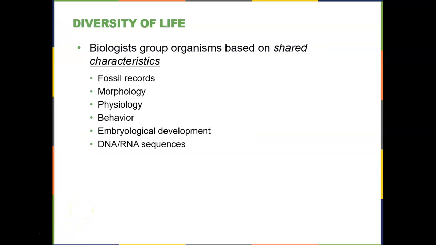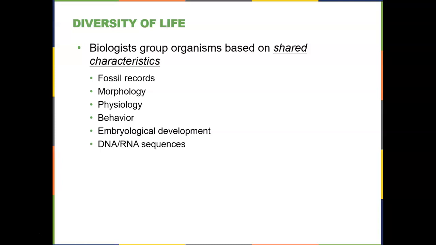So given this, it's very important that we are able to group organisms into a categorization so that we put them together based on characteristics that are alike. So how can we do that? Well, there's a number of different aspects that we could use. We could look at fossil records to group organisms together. We could look at morphology, which is their anatomical structures.